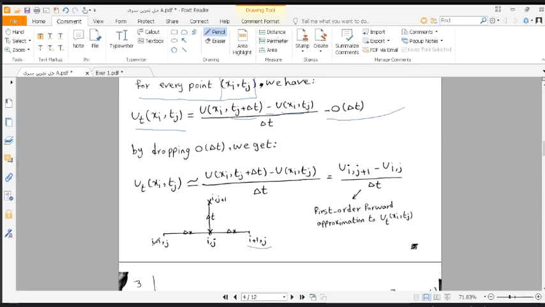The previous point has i minus 1 and j as indexes. And the next point in the next row has i and j plus 1. Is it okay? Do you understand these indexes?